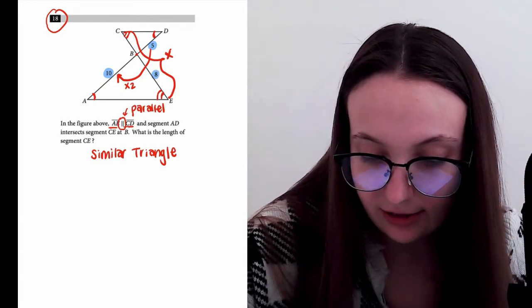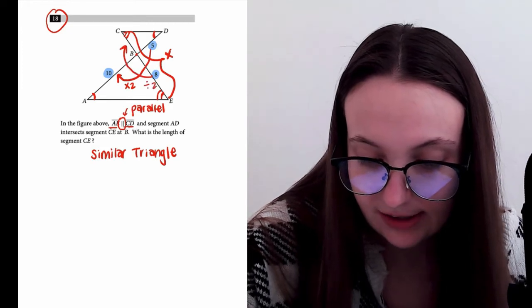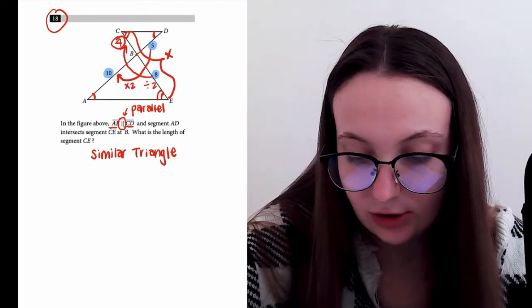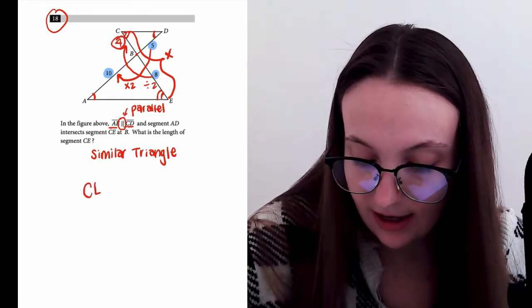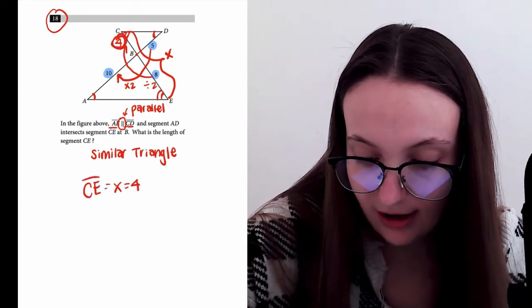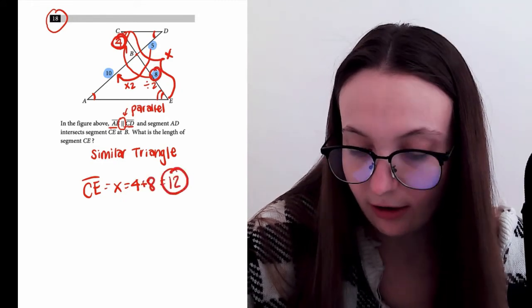So in order to get the smaller triangle, we are just going to divide that by 2. So that means that CB is going to be equal to 4. However, they want the length of CE, which we're calling X right here. So CE, which we said is equal to X, is just going to be 4 plus 8. So 4 plus 8 is equal to 12.